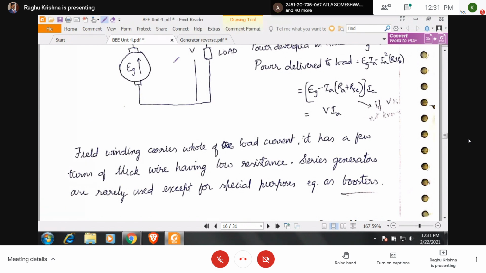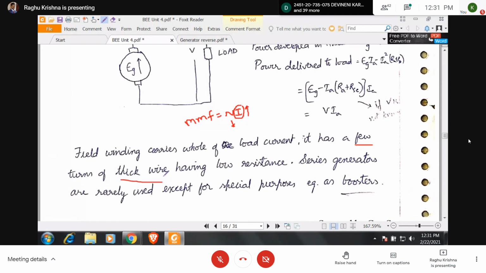MMF, magnetomotive force, is equal to number of turns into current flowing through these turns, Ni. As I is large value, we can reduce the number of turns for getting the required magnetic field. So here it is made up of few turns of thick wire.